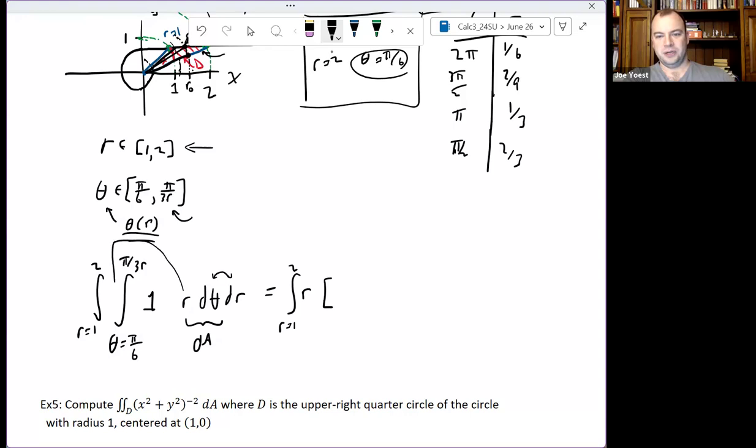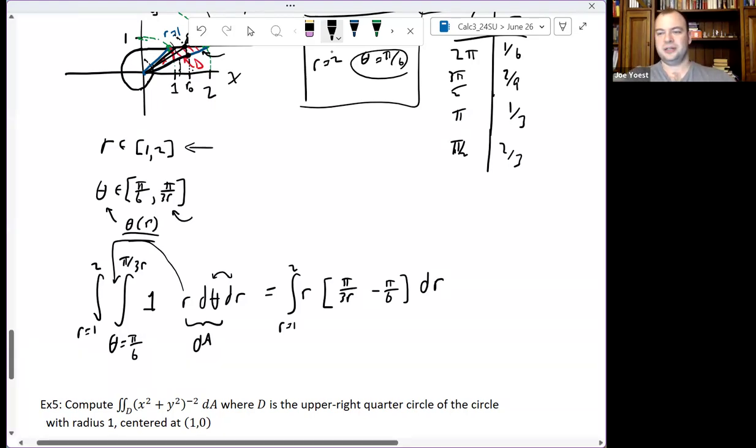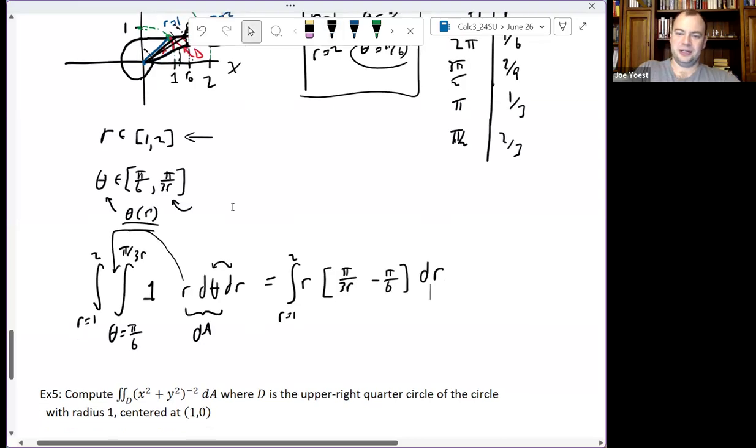So I've pulled the r out front here. And then integrating 1 d theta between two bounds is just the difference between those two bounds. Oops, I'm so used to doing theta last that it's almost second nature to write it.